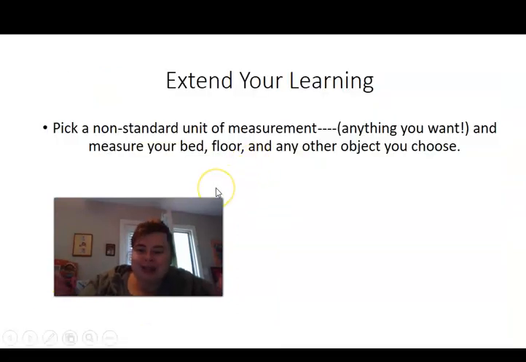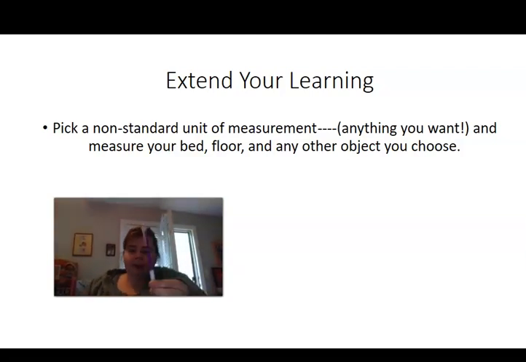All right, so here's an opportunity to extend your learning. Pick a non-standard unit of measurement. Remember, non-standard are silly things. You could measure something using your phone, a remote, or a pencil, and you can measure how tall or how wide something is.